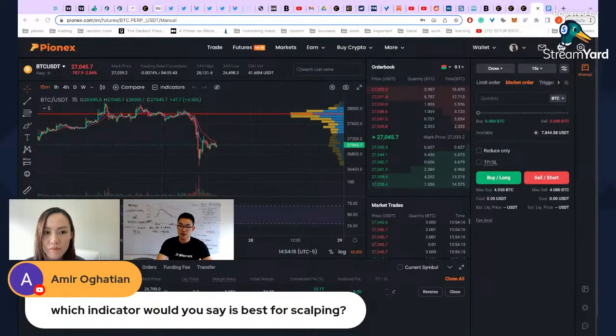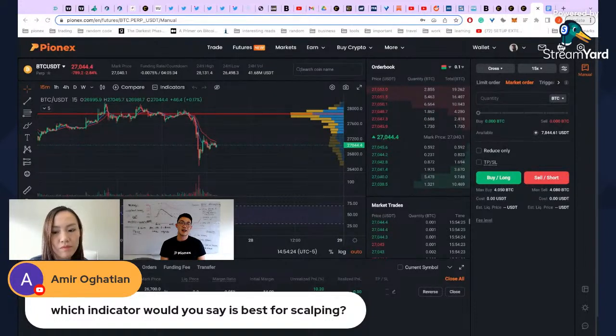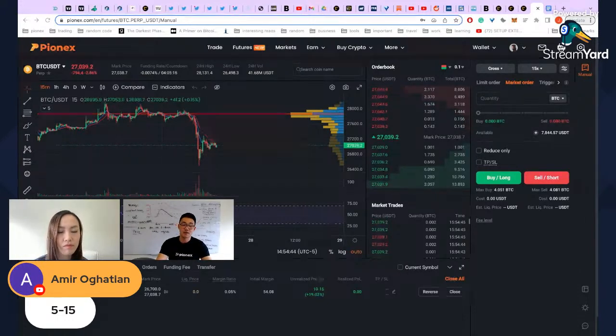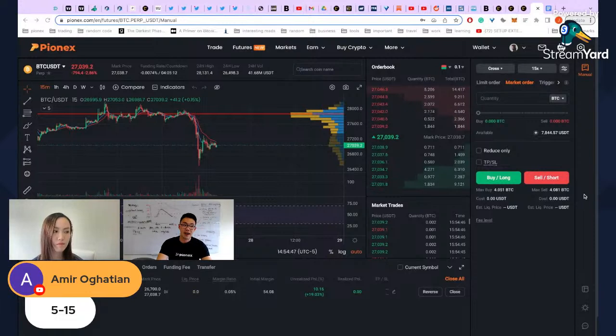I'm more of a position trader, but for scalping, indicator wise, I use a combination. I use like 15 minute. I use the Fisher transformer along with the RSI and the slow stochastic, can't pronounce, the slow stochastic indicator. I didn't go over those, but that is what I use.